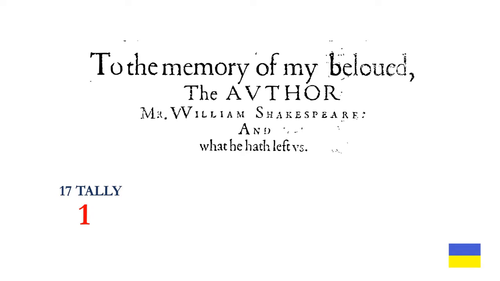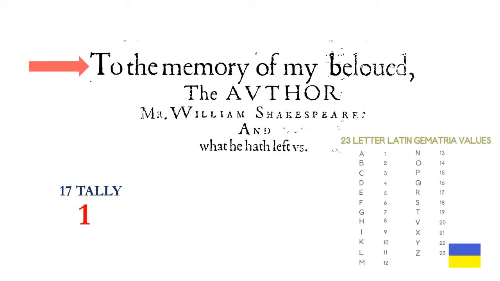To start off, we will begin on line 1 with a simple gematria sum. 19. We'll keep that number in mind because it's going to be important a little later on.